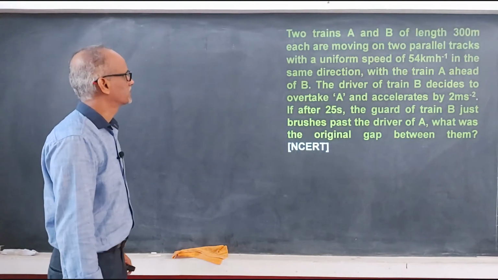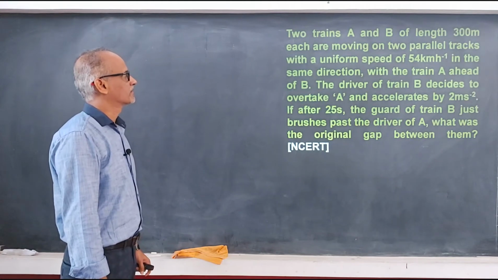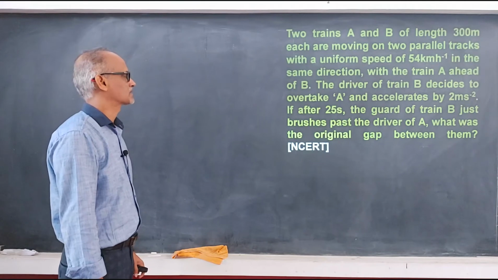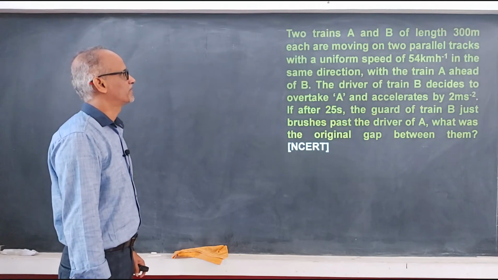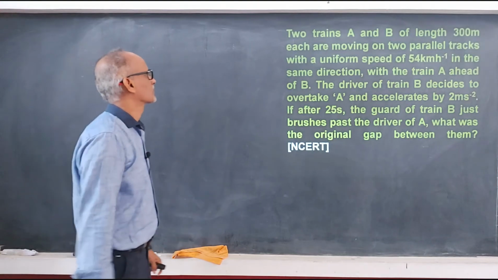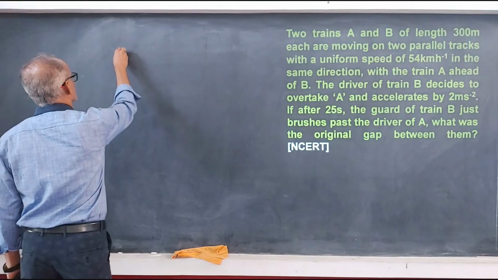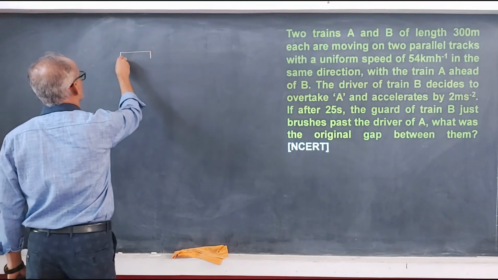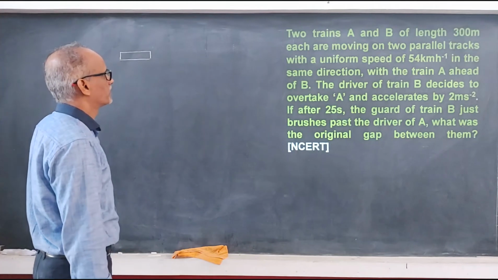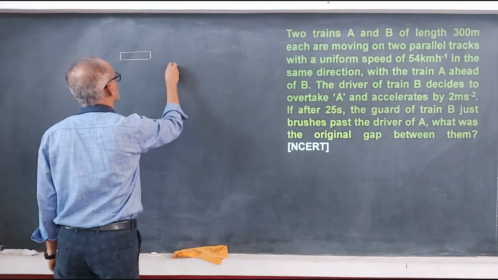The statement: two trains A and B of length 300 meter each are moving on two parallel tracks with a uniform speed of 54 kilometer per hour in the same direction. So I'm going to draw two trains here. This is train A, and then there is one more train.